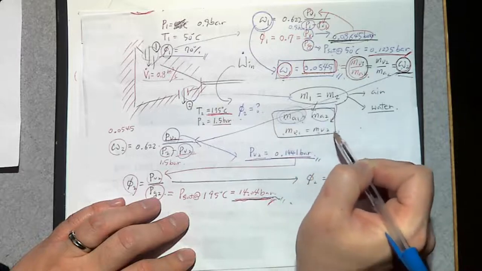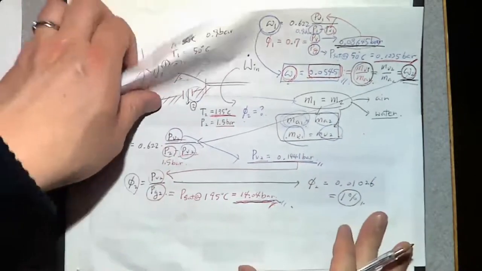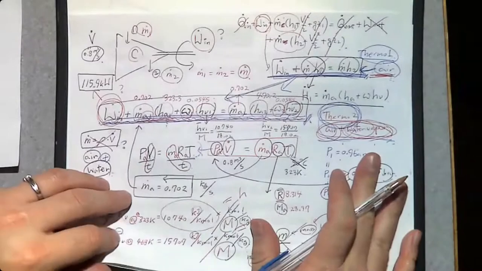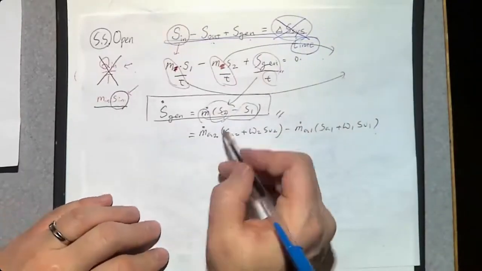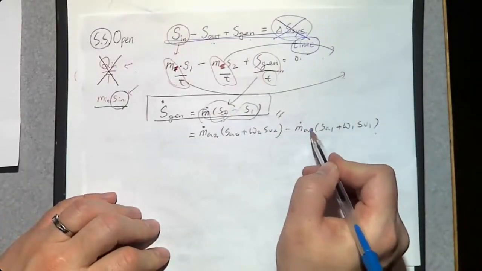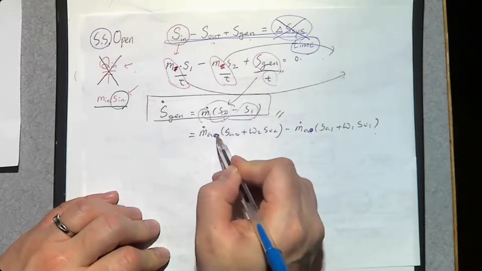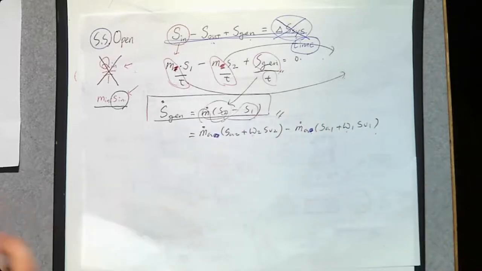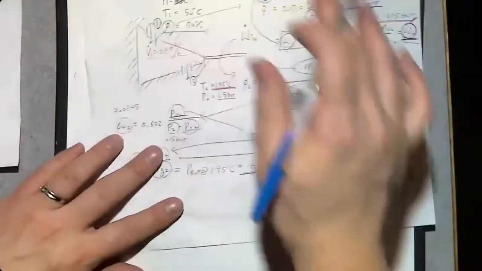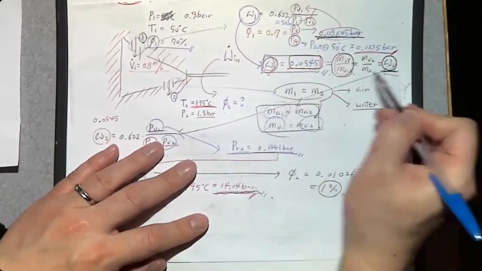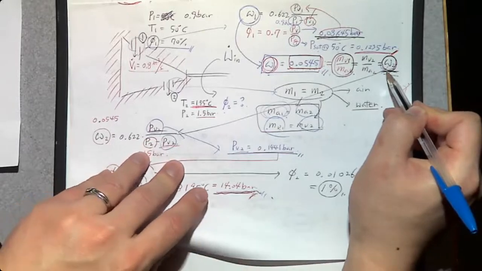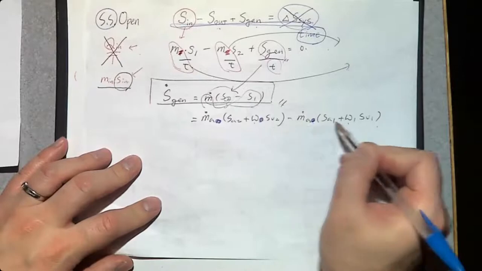MV1 is the same as MV2, right? MA2 is the same as MA1, so I'm going to remove this subscript. What about omega 2, omega 1? Previously, we confirmed that omega 1 is the same as omega 2 due to the conservation of mass principle.